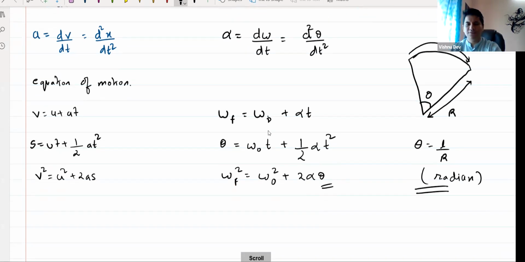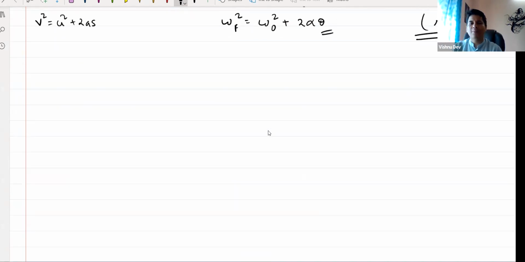So, sir, if I relate, I'm having some parameters that we have used. In your linear motion there was mass, then force, then momentum, which I'll just write as P. These are the terms that we have used. Okay, now when we talk about mass, what was mass? Think about it.